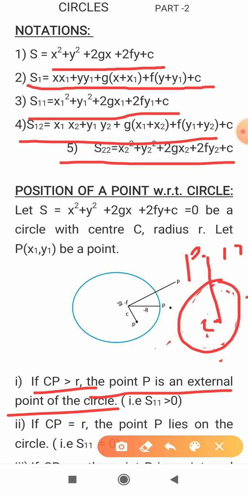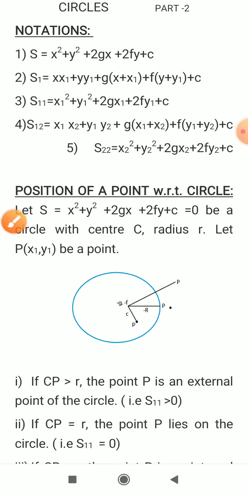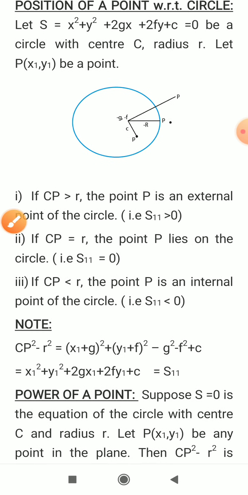Next we discuss S11. Next, if CP is equal to R: this is the center C, this is a point on the circle, and the distance is equal to the radius. So if CP is equal to R, the point P is on the circle. The point P lies on the circle.